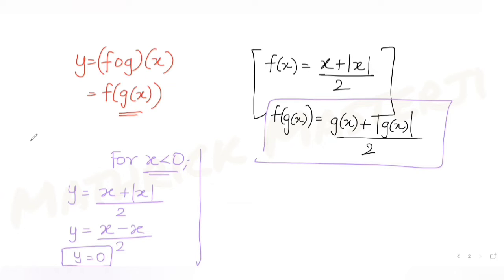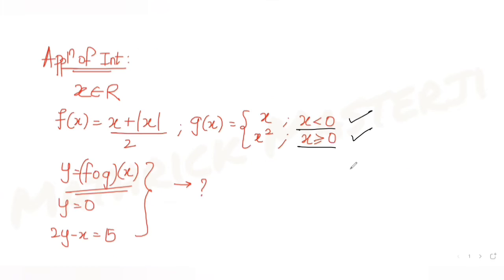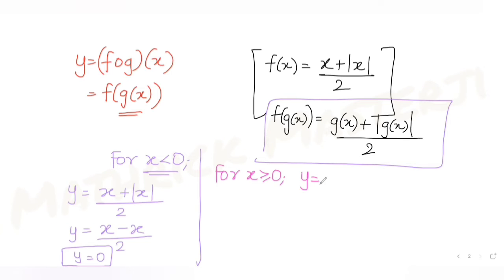The other case is when x is greater than or equal to 0. Here, instead of g of x, I can put x square everywhere. So we get (x square plus mod of x square) divided by 2.